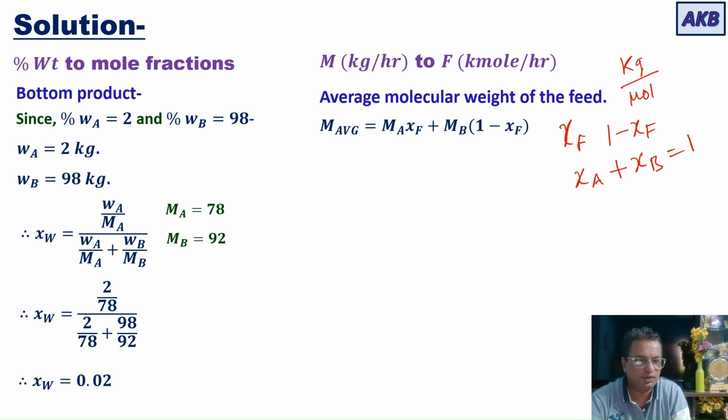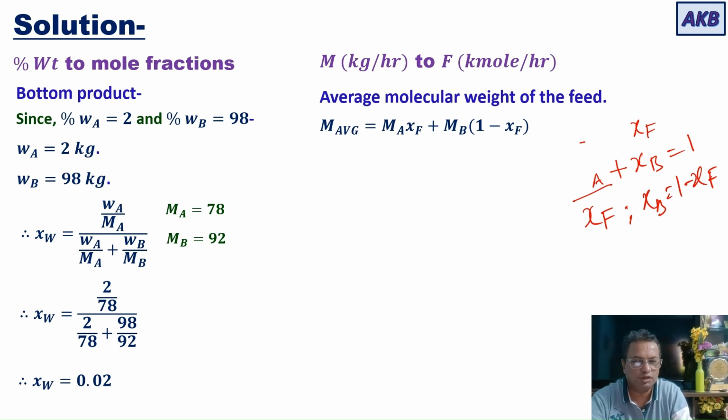As per our notation, we are denoting it as XF, that is the mole fraction of A, the more volatile component, in the feed. So obviously XB will be equal to 1 minus XF.